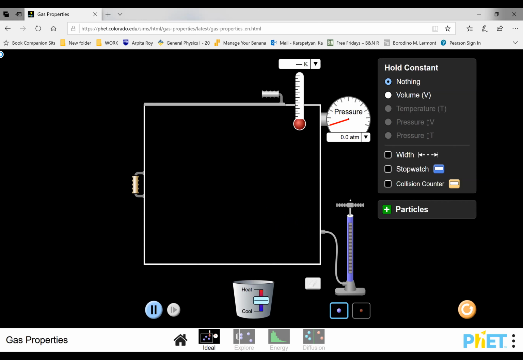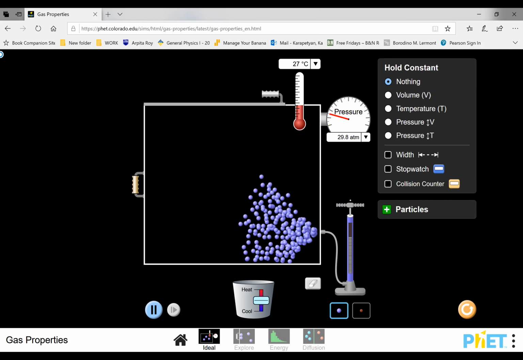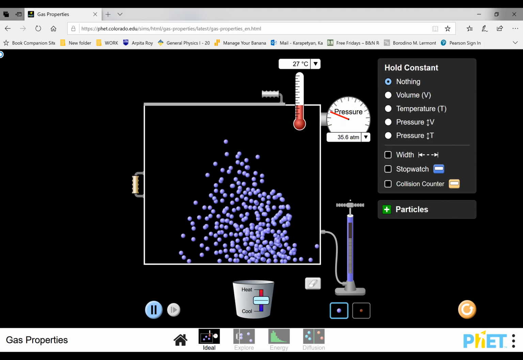Right now I have nothing there. So what I'm going to do here is pump some molecules, and let's do it in terms of Celsius. Let's see what happens to pressure. See, there are no molecules, no pressure. So I'm going to pump some molecules and look at the pressure.